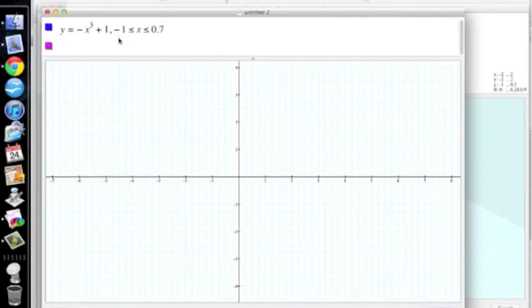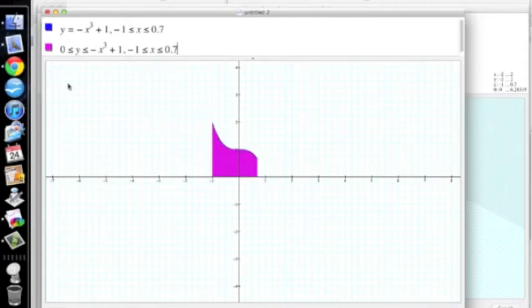So now what we're going to do is go 0 is less than or equal to y is less than or equal to negative x cubed plus 1, and again negative 1 is less than or equal to x is less than or equal to 0.7.